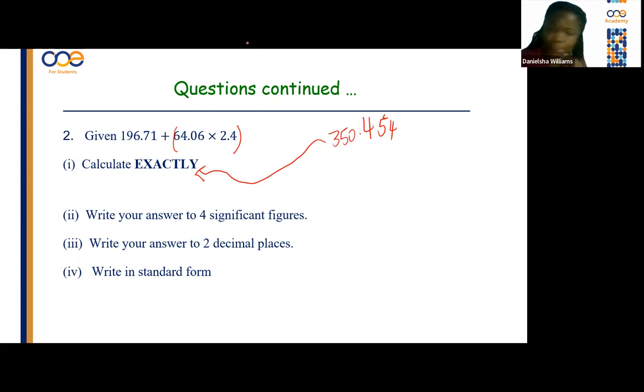Now let us look at, where is it? So 4 significant figures. All right, thank you, Ophelia. Yes, thank you very much. Do we agree with her response?